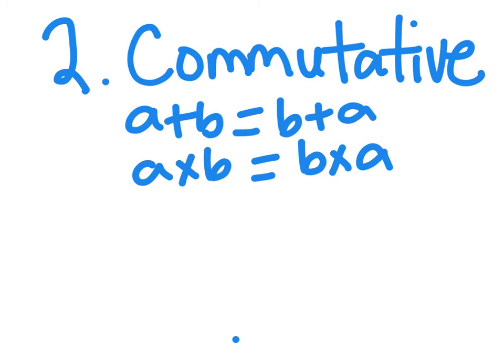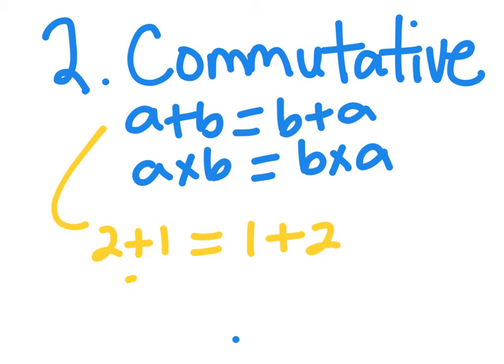Okay, number 2, we're talking about commutative, and that means that the order doesn't matter. So if I had A plus B, that equals B plus A, because it doesn't matter if the A or the B goes first, the answer is still going to be the same. For example, 2 plus 1 equals 1 plus 2, they both equal 3, so the order doesn't matter in this case.